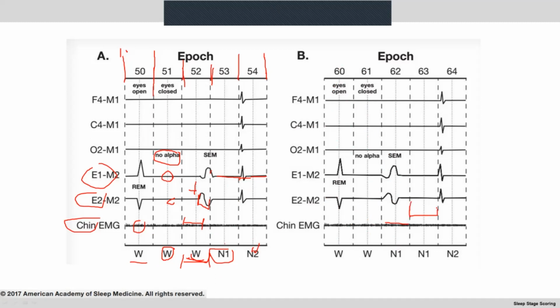So according to this, we have to continue with N1 till we see another characteristic feature of another stage. Till then, we have to mark that epoch also N1. But in the next epoch, the K complex comes into the picture, and we have to mark that epoch as N2.